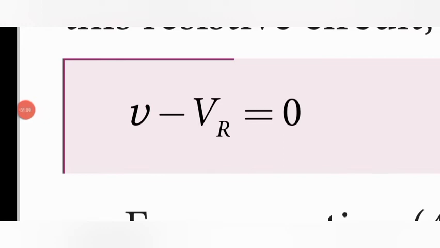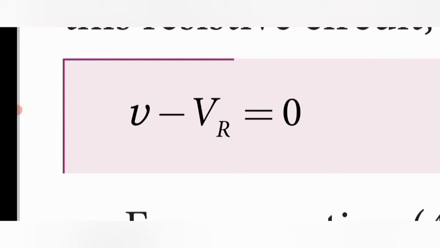In the third equation, small v minus VR equals 0. Small v is the instantaneous value, equal to Vm sin omega t, and VR equals IR according to Ohm's law. How do we get v minus VR? By applying Kirchhoff's first rule in the circuit. What is Kirchhoff's first rule?